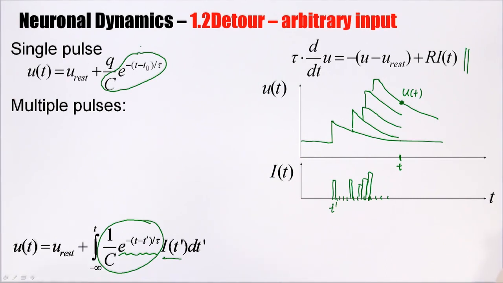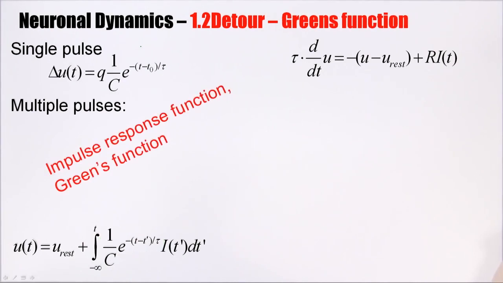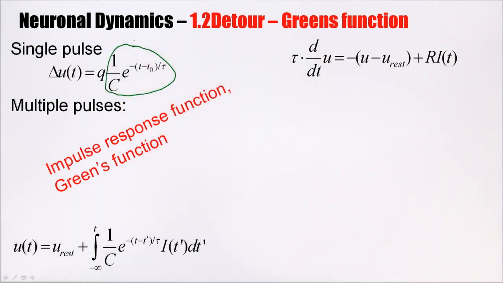That means once you have constructed the impulse response function, you have also at hand the general solution of the differential equation. Technically, this is also called the Green's function of the equation. So, once we have this impulse response function, we know the general solution of the differential equation. The assumption here is that the input current started a long, long time back in the past.